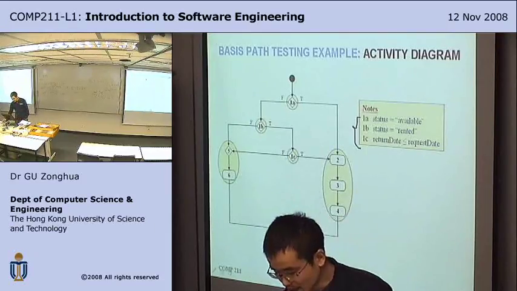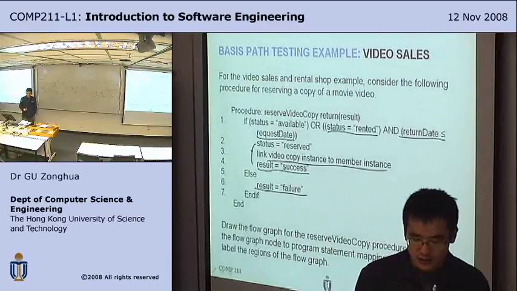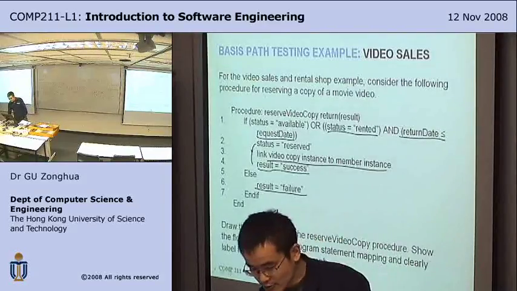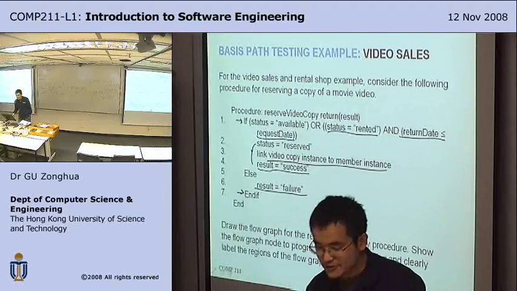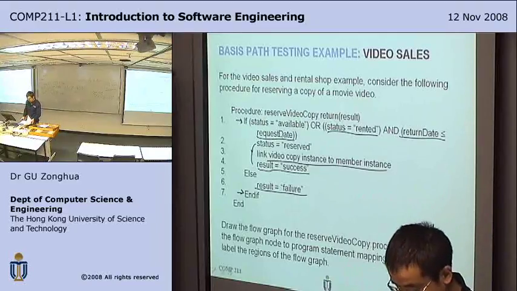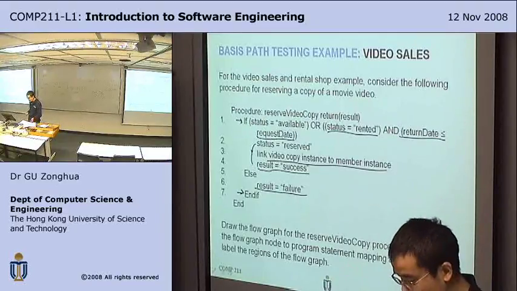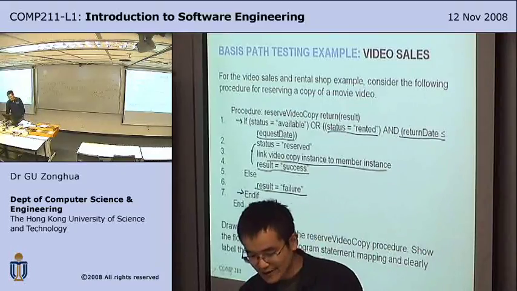So notice that we are using a programming language where you have end if. This is perhaps the syntax of Pascal or some earlier languages, but if you have C or Java, you don't have end if, right?